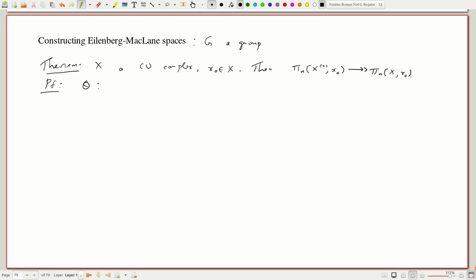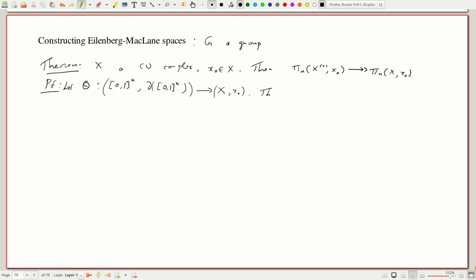So let theta be a map from [0,1]^n, relative to the boundary, as usual, to x0. Then I want to say that it's homotopic to a map here.